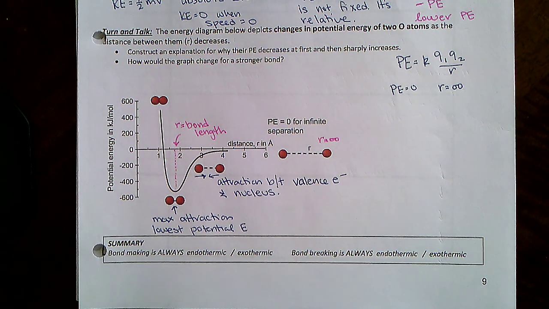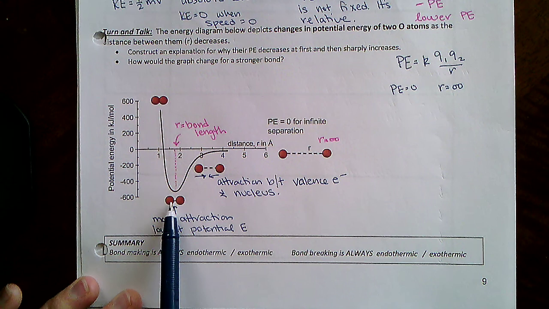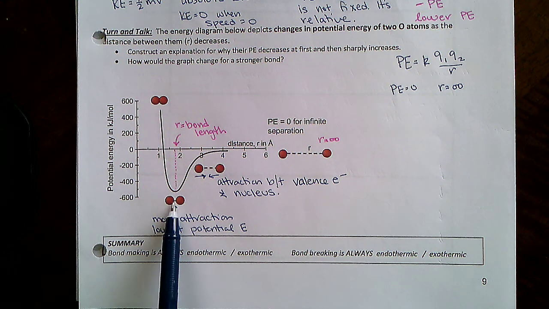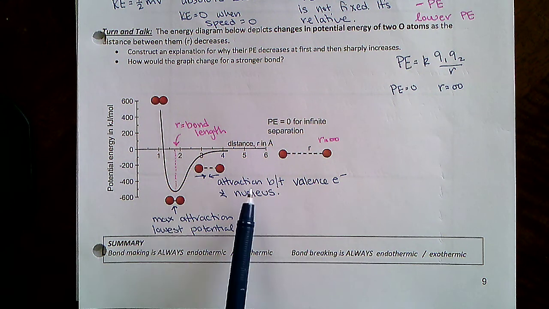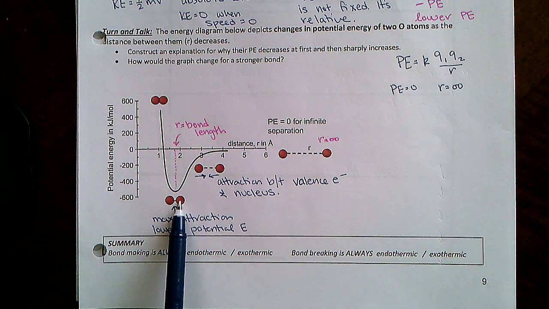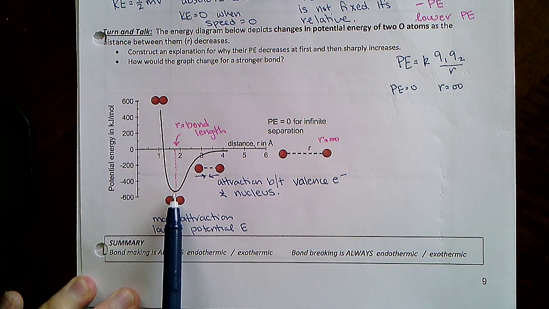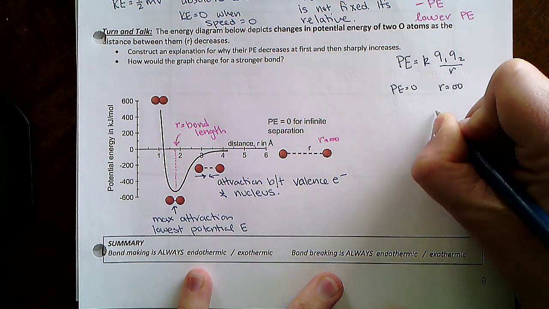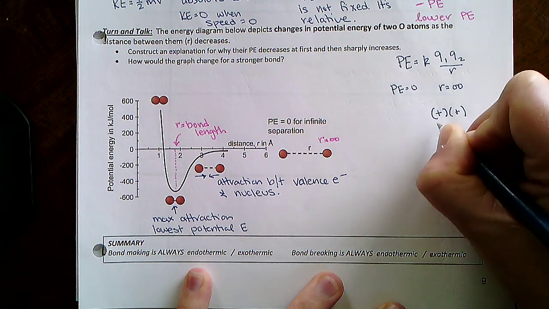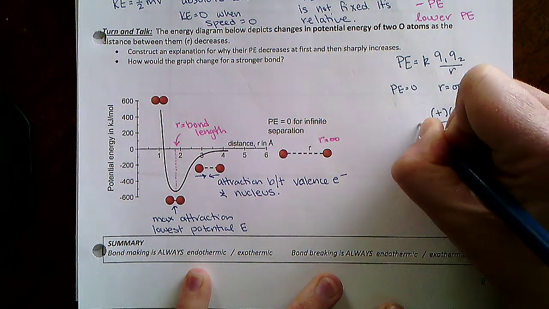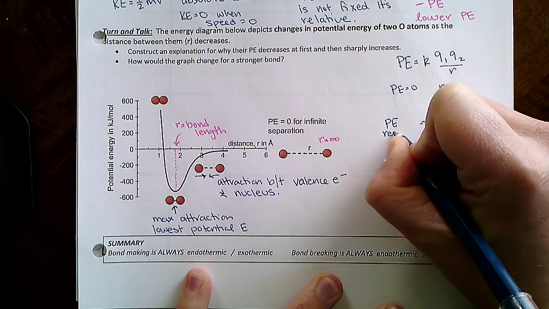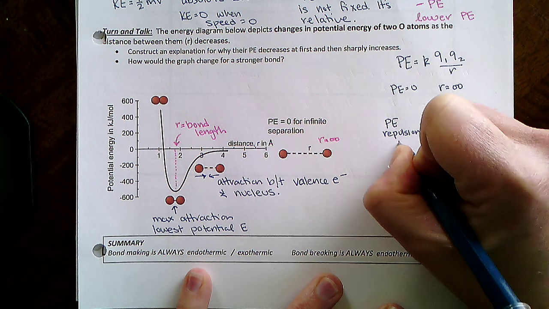Okay, now think about what happens if you go beyond this point of maximum attraction. There's a certain distance at which the nuclei in both of these atoms, the two positive nuclei, start to get close enough that they repel each other. And repulsion would mean, Q1 is positive, that's one nucleus, Q2 is positive, that's another nucleus. Their distance is positive, so the potential energy of repulsion is positive.